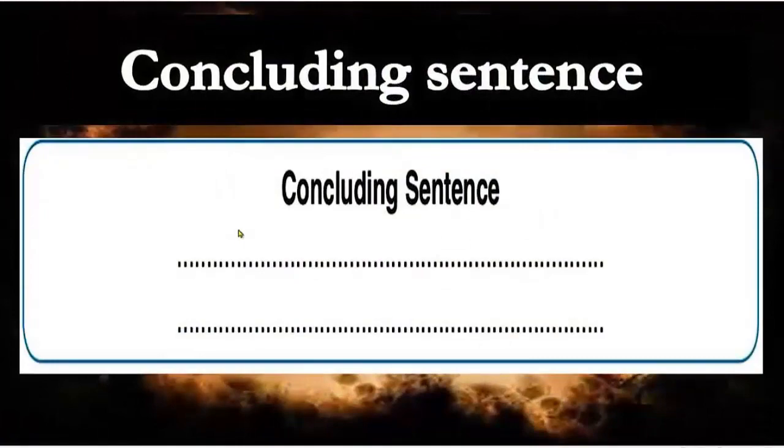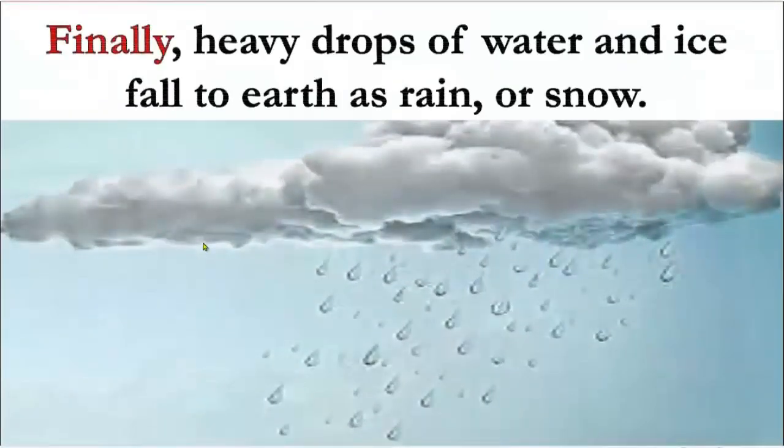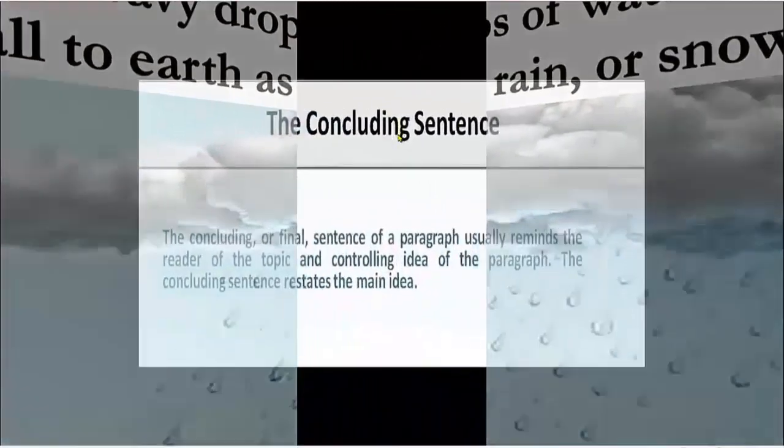Now let's finish our topic with a concluding sentence. We should start it with finally. Finally, okay, or at the end, finally heavy drops of water and ice fall to earth as rain or snow.